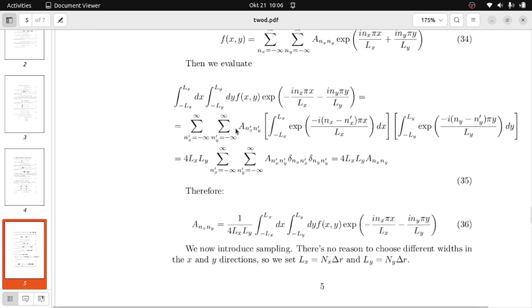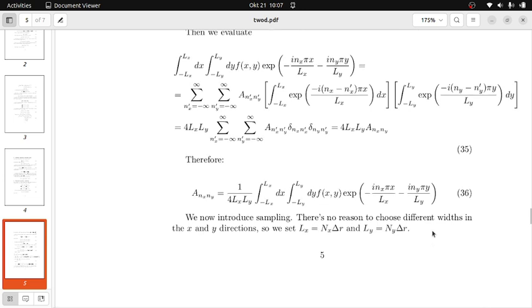What we're going to find is that these coefficients can be found by simply evaluating a two-dimensional integral of the function f with the corresponding exponential, right? And now we are actually not working with a continuous function.